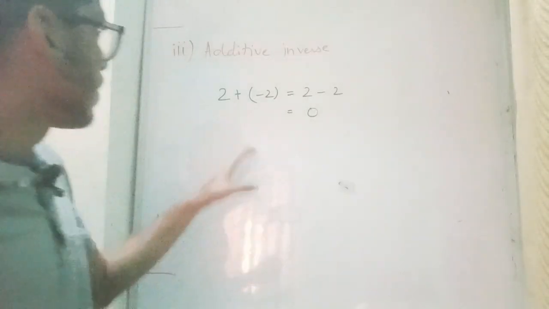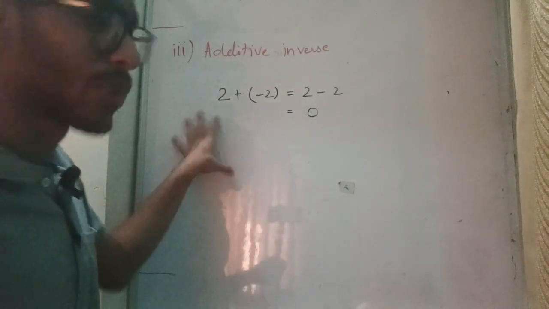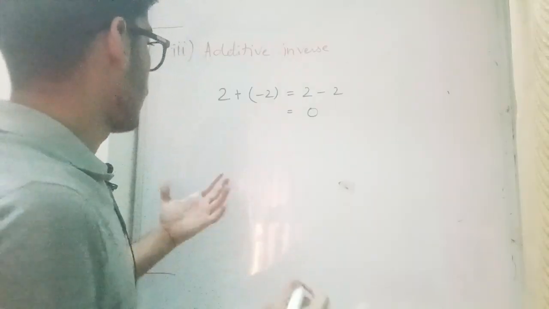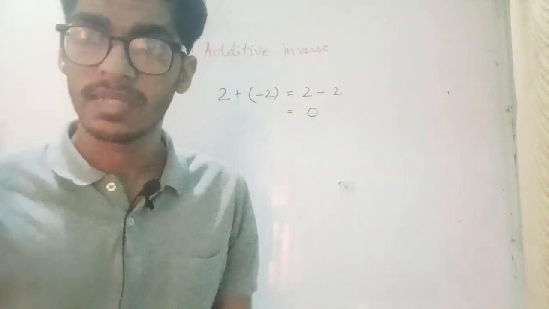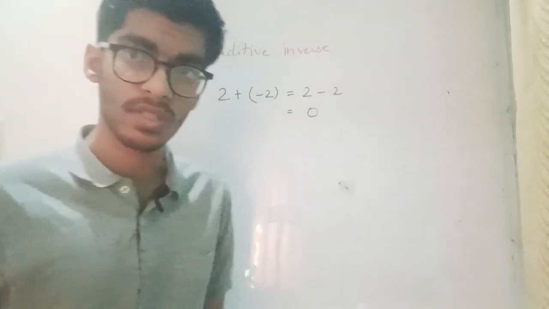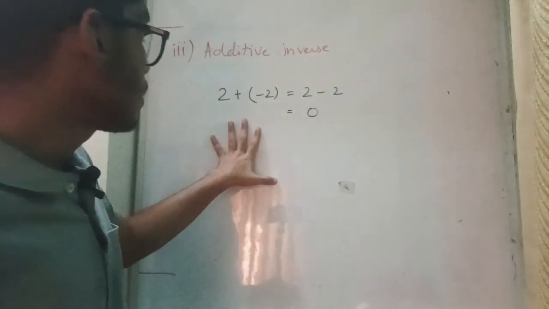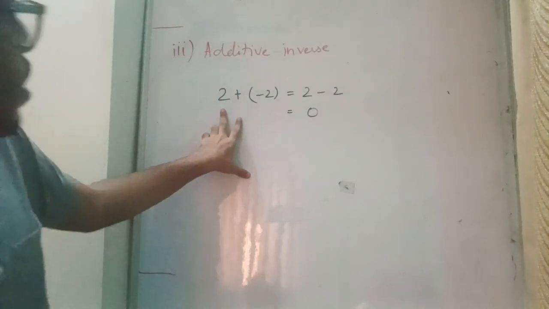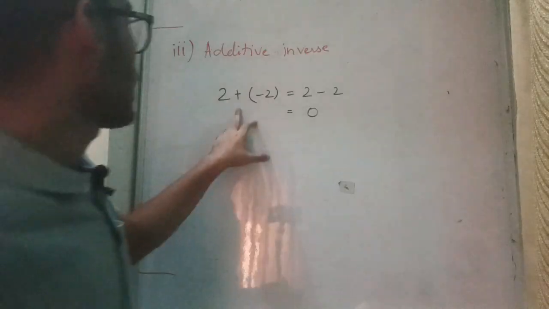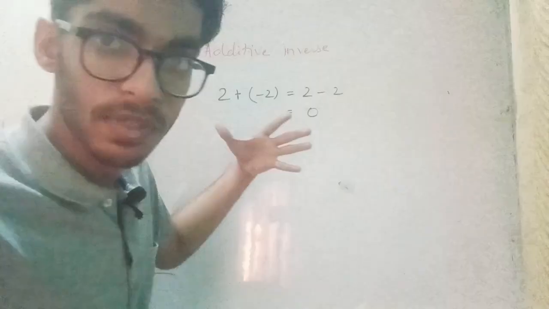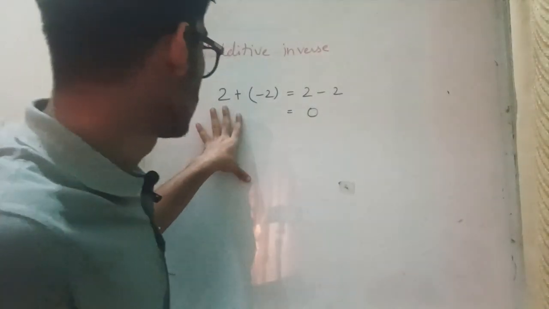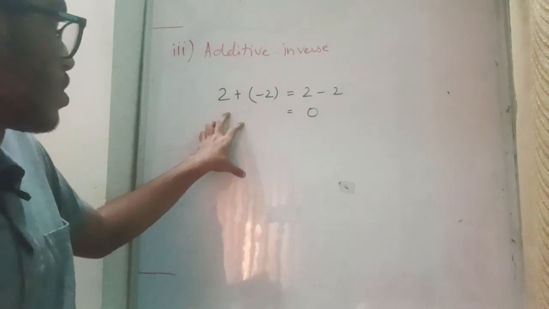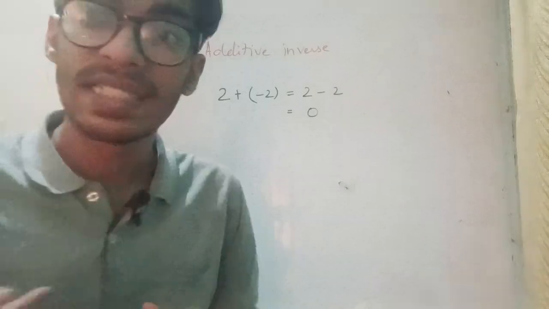So what is an additive inverse? It's the negative of the number that we are given, right? If I have 2, the negative of that number is -2, and that's the additive inverse. It's a number that, when added to the original number, gives 0. So I have the original number 2, and when I add the negative of 2 to the original number, I get 0.